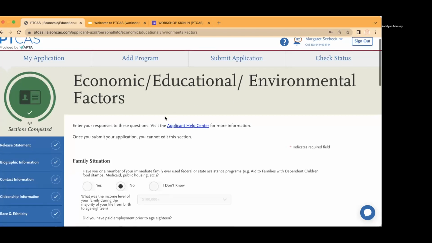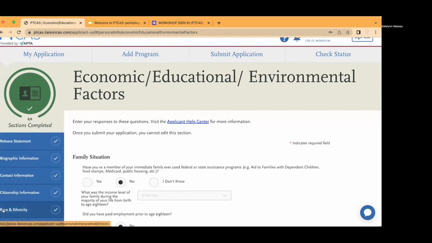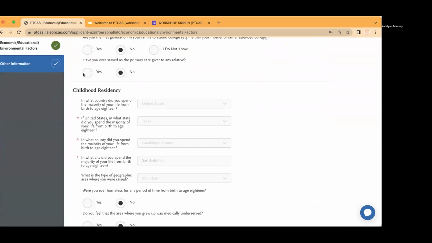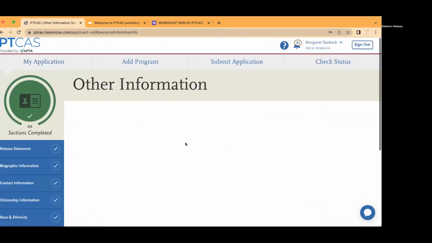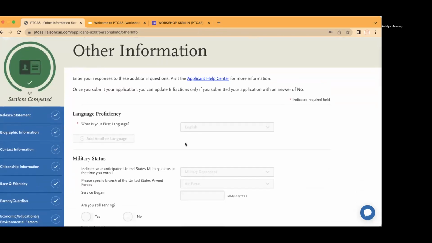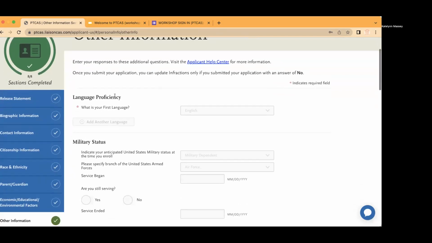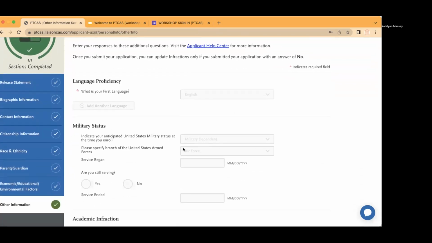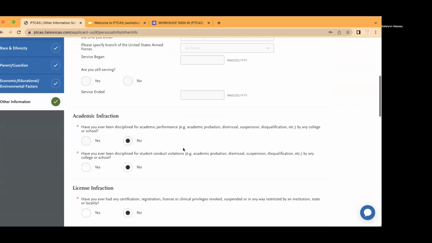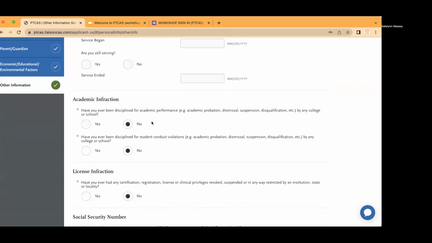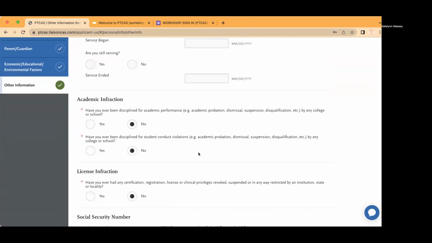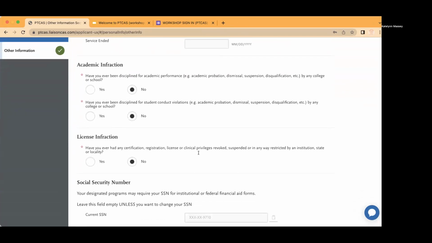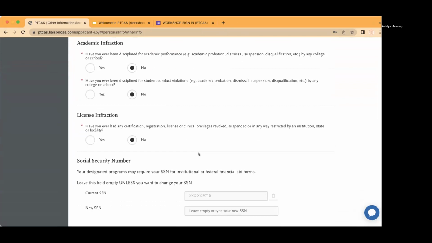Economic, educational, environmental, so this is going to be your family income and everything, and then childhood residency, if you were ever homeless at any point of your life. And then other information is going to be the language preference. So what was your first language? English. Were you in the military? Blah blah blah. This is if you were ever caught cheating, if you had any academic problems while in college, any arrests or any probations and everything.